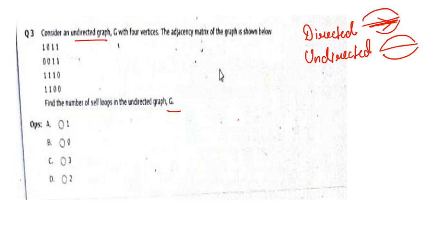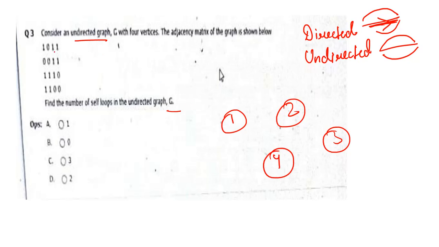So let's make a graph. Let's suppose we have 4 vertices, 1, 2, 3, 4. You must know that we can represent a graph using an adjacency matrix or an adjacency list.